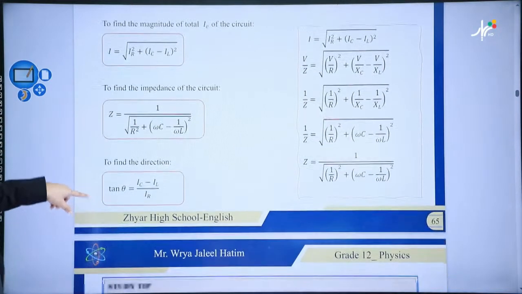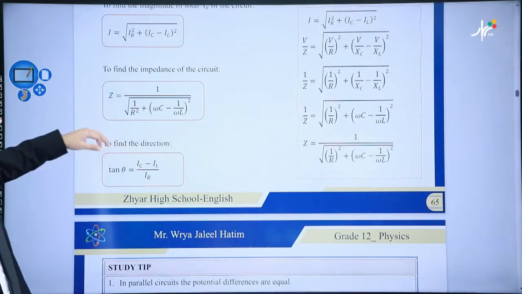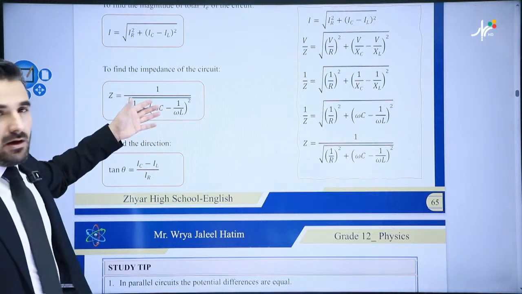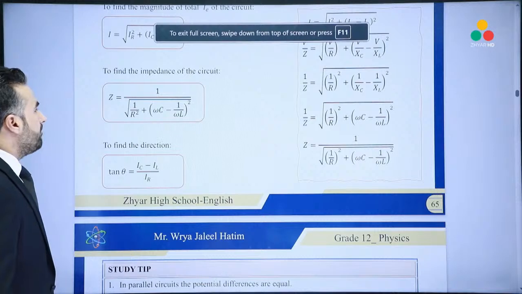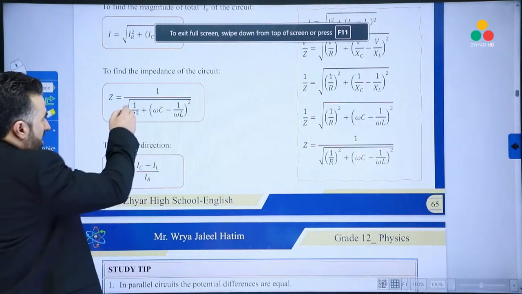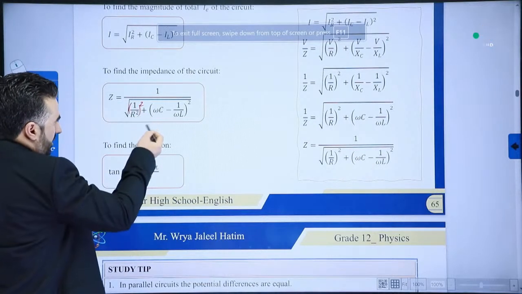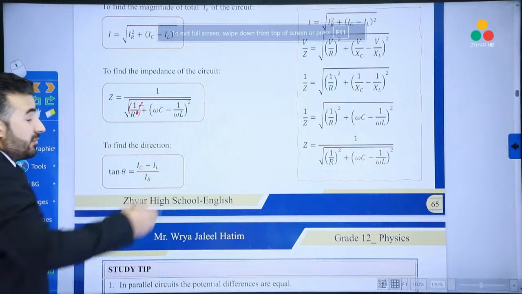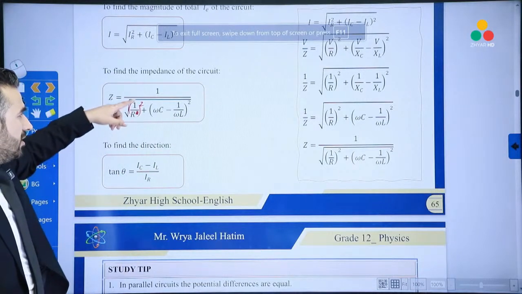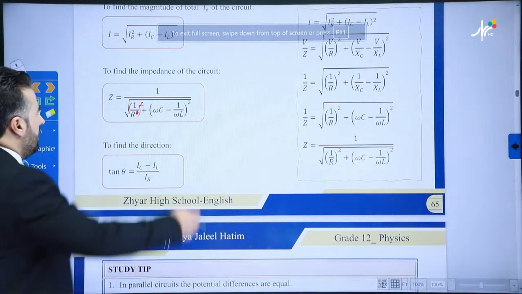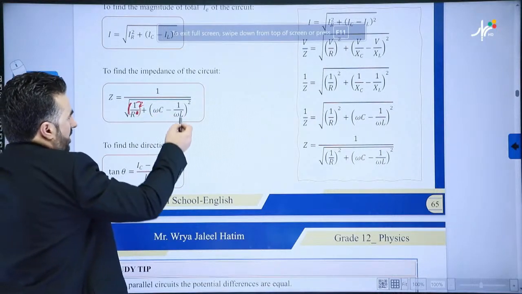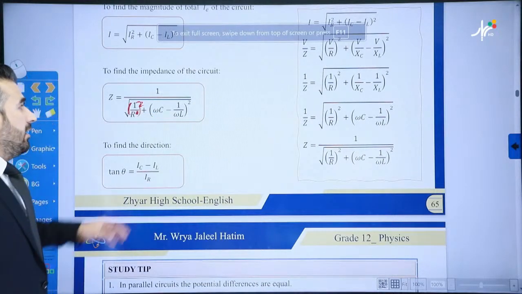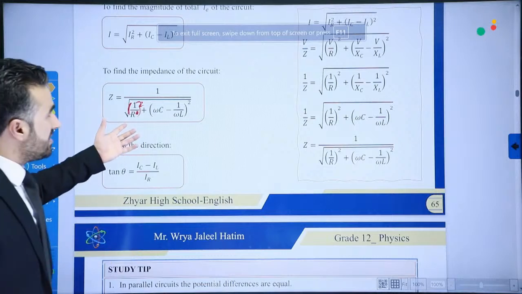Then in order to find the total impedance, we can say 1 over Z equals the square root of 1 over R, the whole thing squared, perhaps it would be easier in this case. Because 1 squared is still 1, we'll just give the square to the R. Plus omega C minus 1 over omega L, the whole thing squared here. And where does this equation come from?